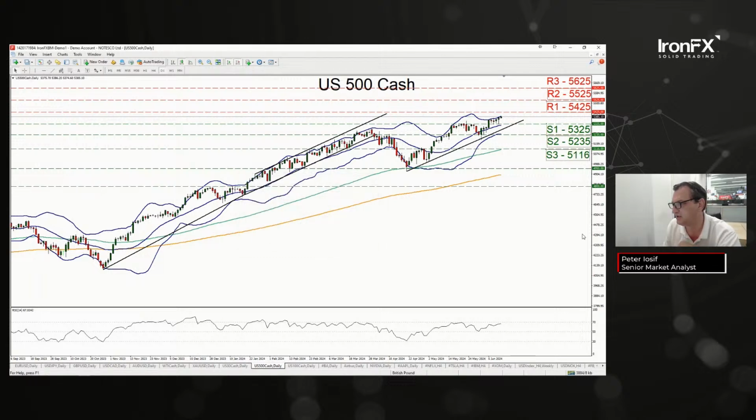Ultimate support line is set at 5,116, yet that remains a very distant target for the index's movement.